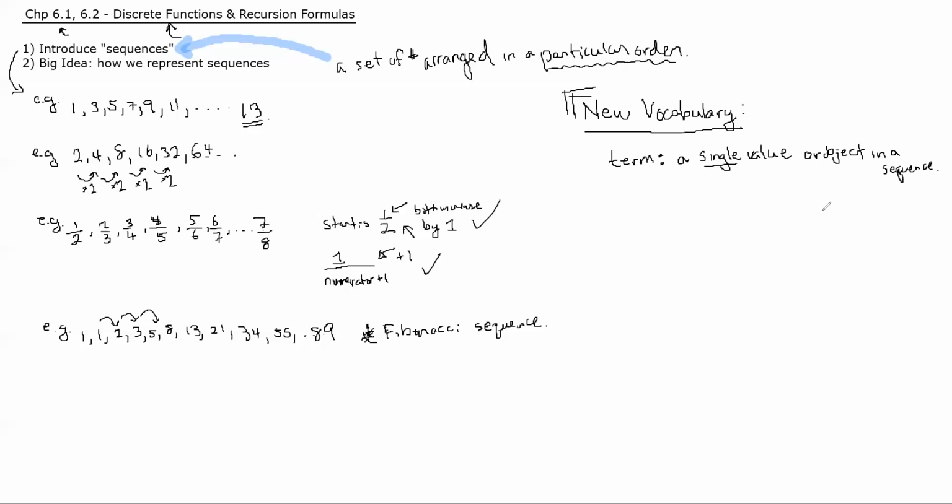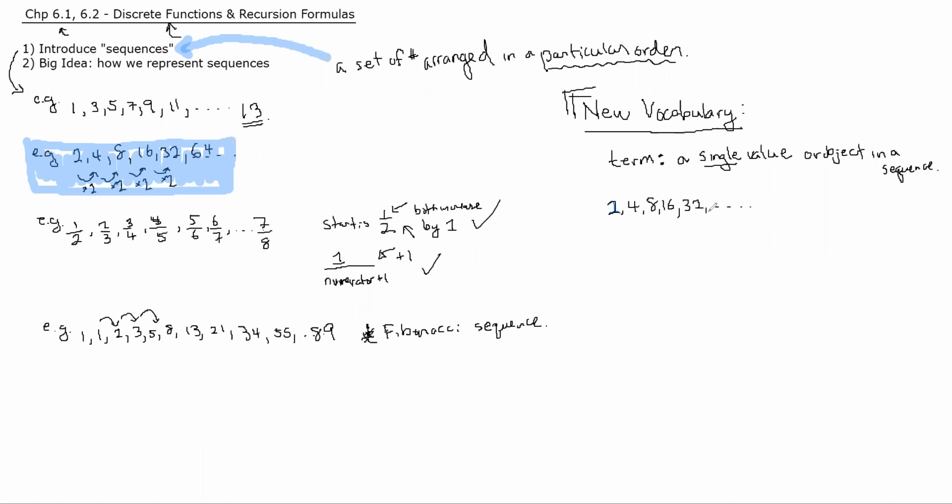Okay. So how about we take that second example? Okay, just highlighting this. I'm going to take this example to demonstrate how to use the vocabulary term. Okay, so here we go. My example being 2, 4, 8, 16, 32, and so on.